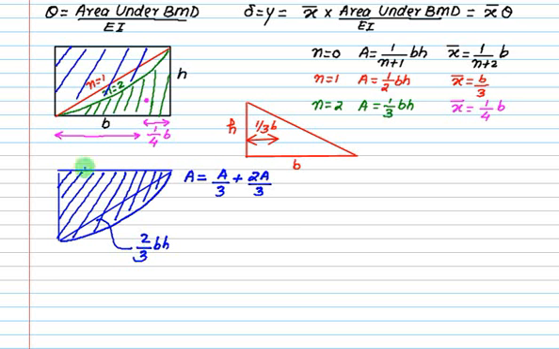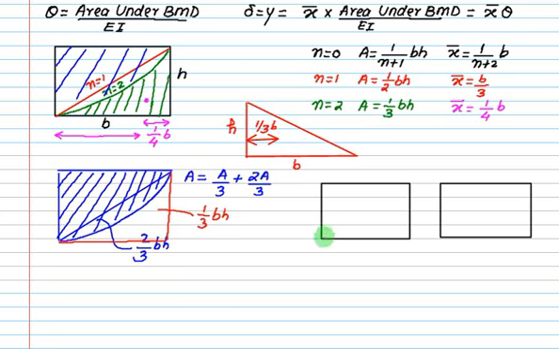Agree? Then what will be the remaining area? The remaining area equals 1 by 3 BH. 2 by 3 BH plus 1 by 3 BH is equal to 1 BH. Check this first. Is this area equal to 1 by 3 BH? This area is 1 by 3 BH. Then what is this area? 2 by 3 BH.